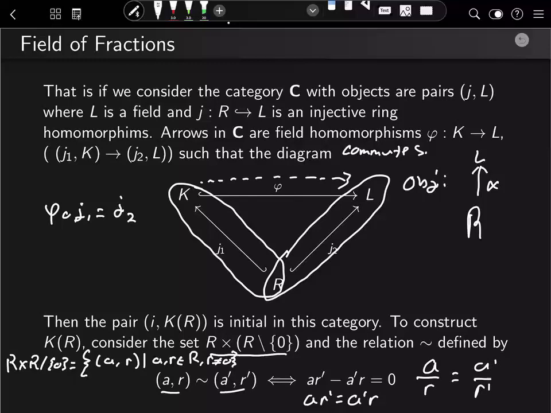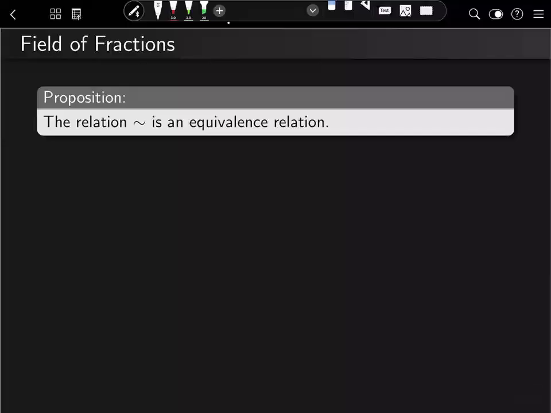So now our proposition is that our relation tilde, that's what we're calling it, is an equivalence relation. And if we recall, we have to check that tilde is reflexive, that's how it's usually put.